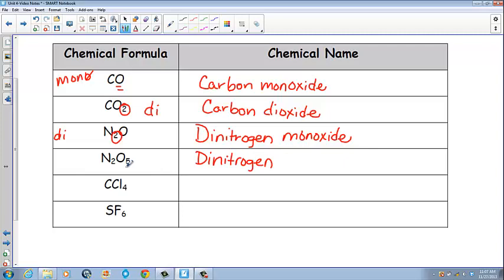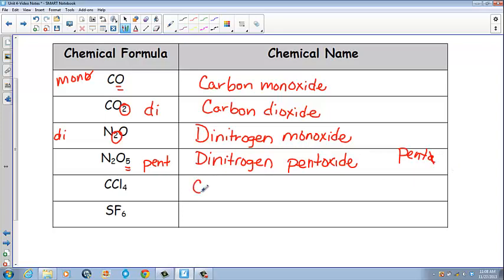And then we have 5 oxygens. So for 5 oxygens, we're going to use the prefix pent. Okay, and we're going to say pentoxide. Remember, the A for penta gets dropped because oxygen starts with a vowel, so it would be pentoxide.